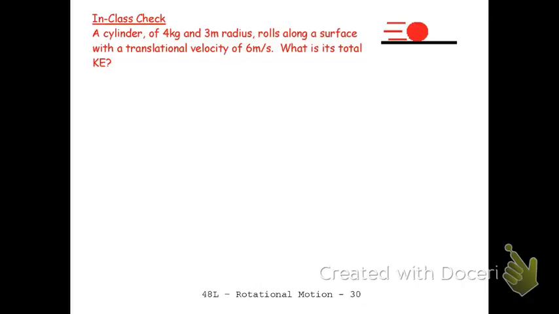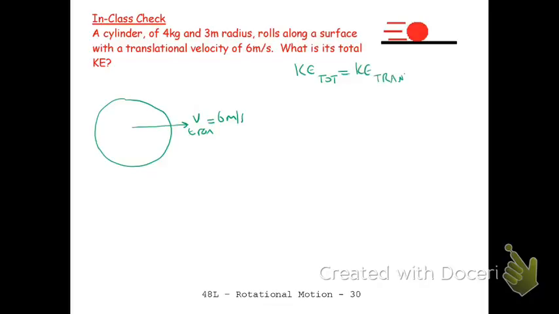A cylinder of 4 kilograms, 3 meters radius, rolls along a surface with a translational velocity V-trans equal to 6 meters per second. And what's its total KE? So KE total is equal to KE trans plus KE rot.